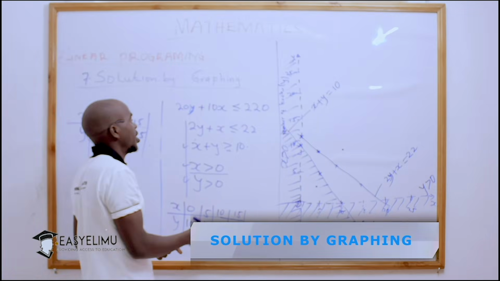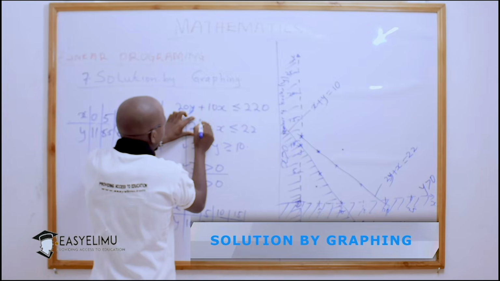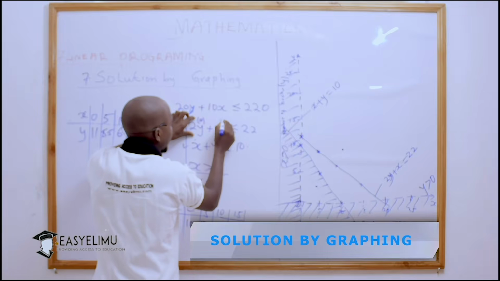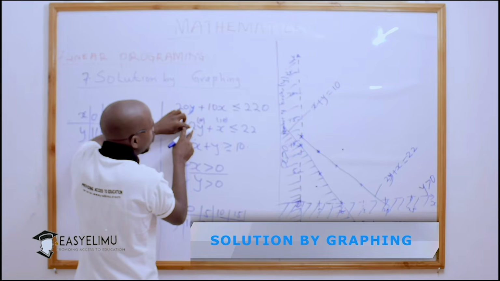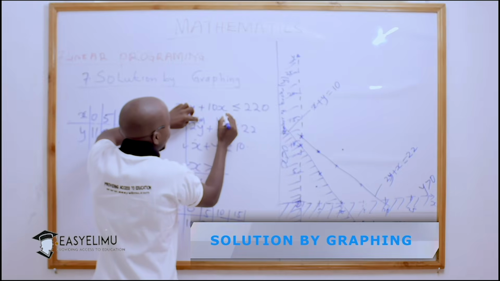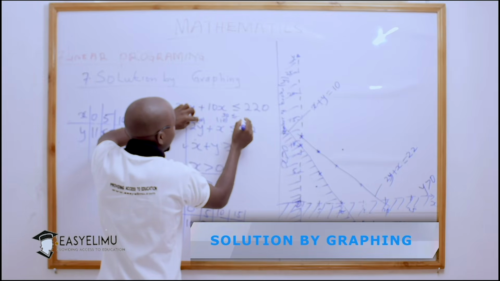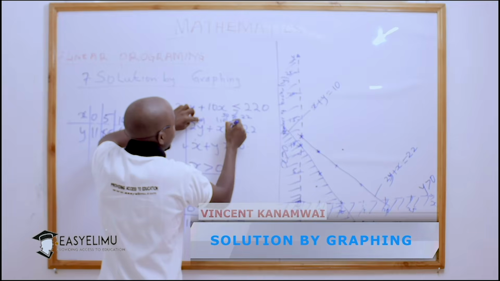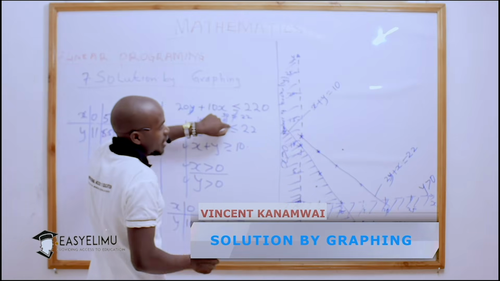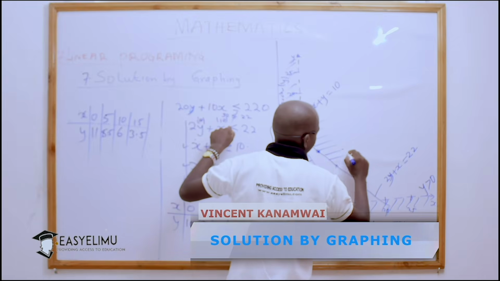We need to identify that point. We shall substitute where y is 10 and x is 10. If we substitute, 2 by 10 is 20, 20 plus 10, you are getting 30, but 30 is not less than or equal to 22. This one is not true. So meaning the outward side is not true, so we need to shade the outward side.